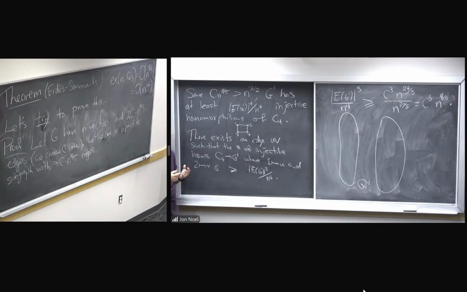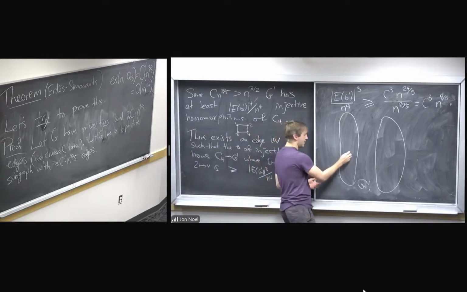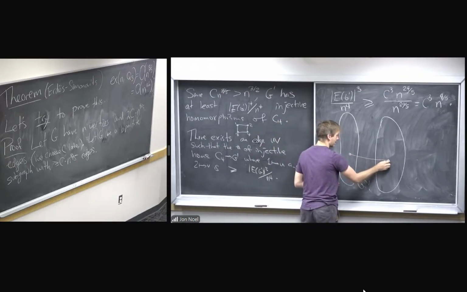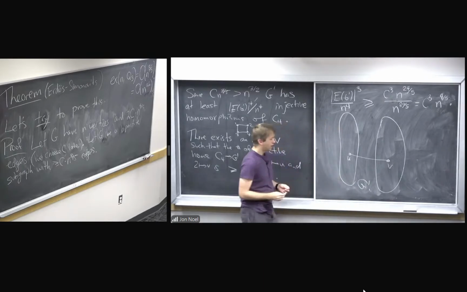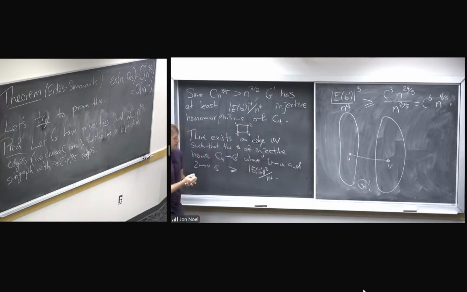Okay, so here's my picture. I've got some edge UV. Now I want to think about what is the number of 4 cycles containing UV? Like what does that really represent?